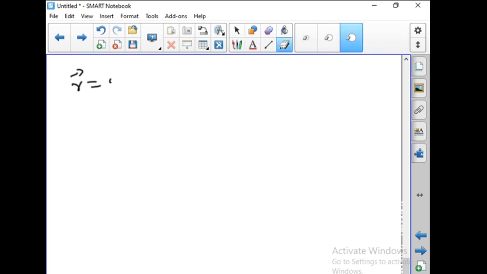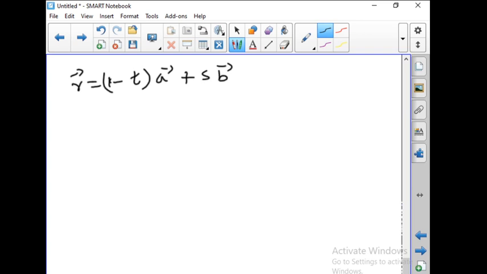So R vector is equal to (1 minus t) into A vector plus t B vector. We can also write R vector is equal to A vector plus t into (B vector minus A vector).